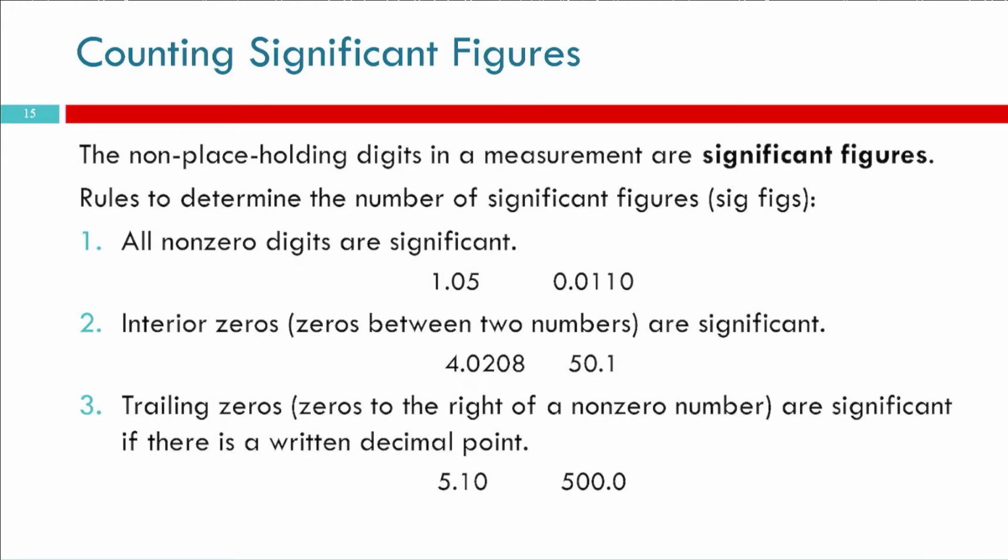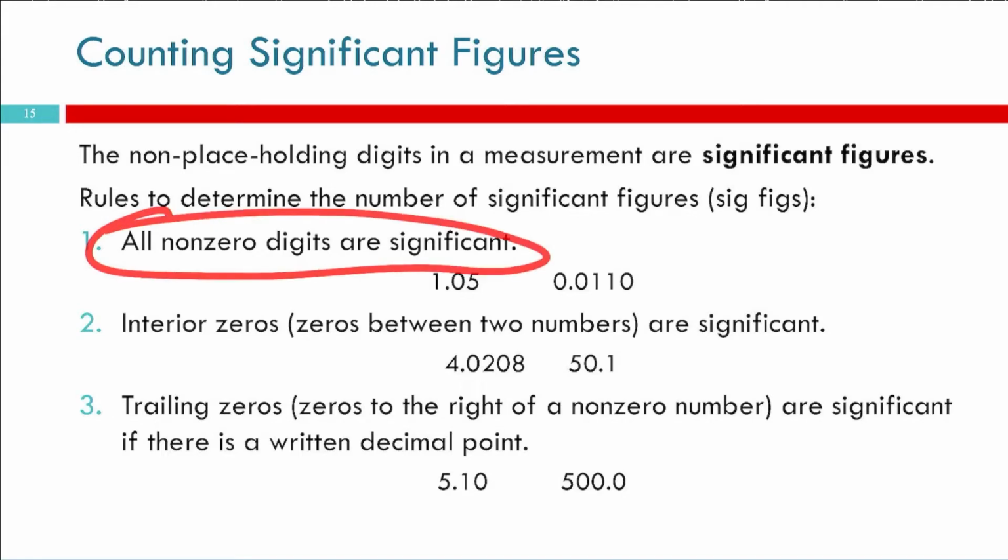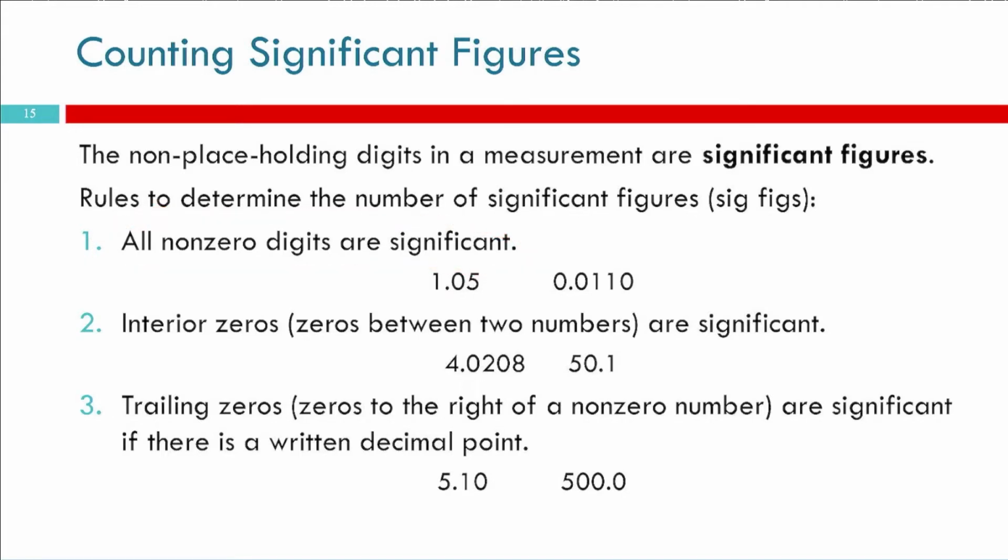So our first rule is that all non-zero digits are significant. That one's pretty easy. Interior zeros: here we have the 4 and the 2, each on either side of a 0, so that 0 is significant. Same with this one here, or the one over here in the 50.1. It's got numbers on either side greater than 0.